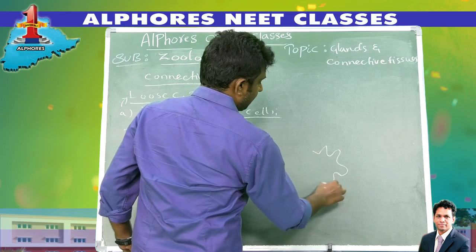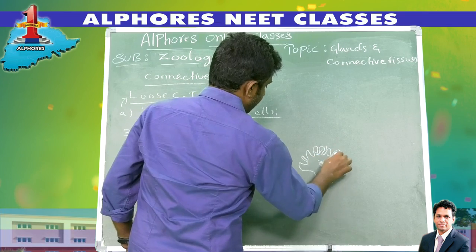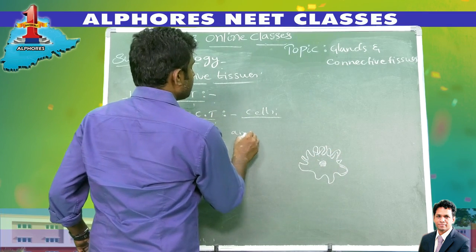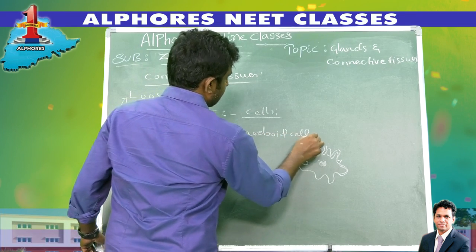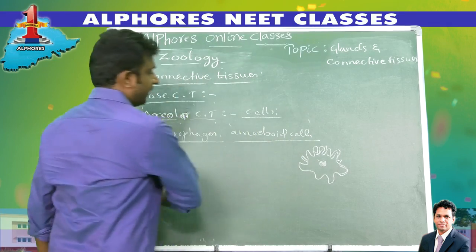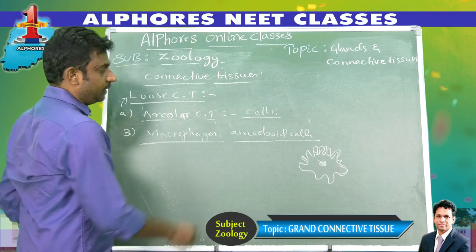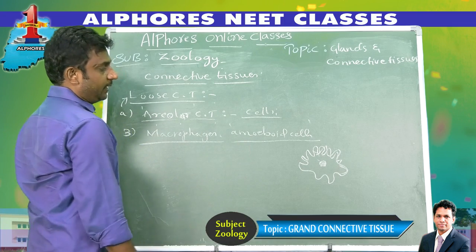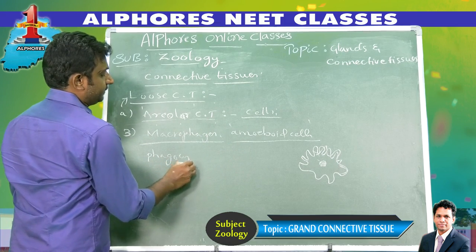Macrophages are a type of phagocytic cells. Macrophages are also called amoeboid cells. They look like amoeba and they move like amoeba. That's why these are called amoeboid cells, which are phagocytic in nature.